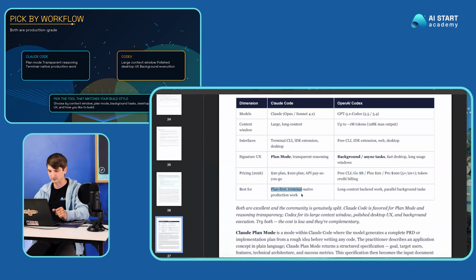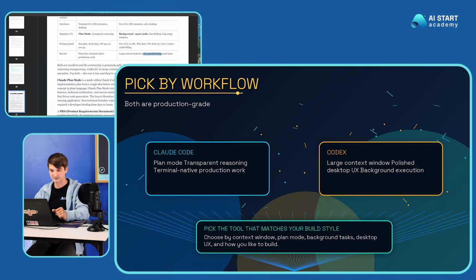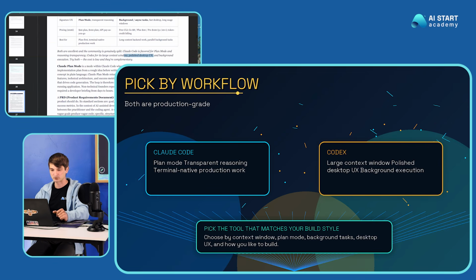Best for plan-first, terminal-native production work versus long-context background, backend work, and parallel background tasks. Both are excellent and the community is generally split. Claude Code is favored for plan mode and reasoning transparency, Codex for its large context window, polished desktop UX, and background execution. Try both, the cost is low and they are complementary.